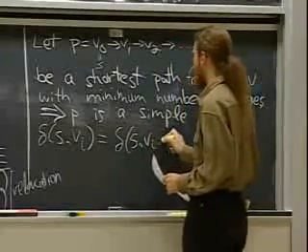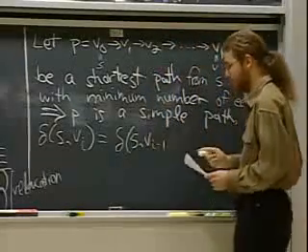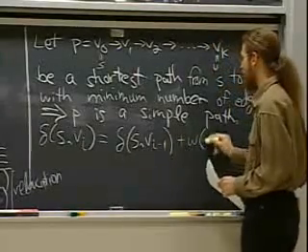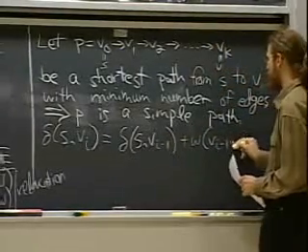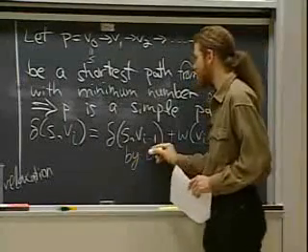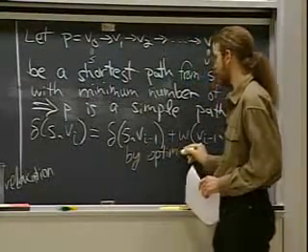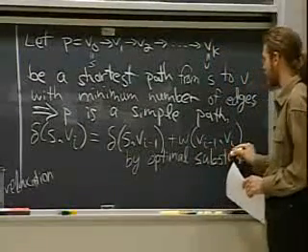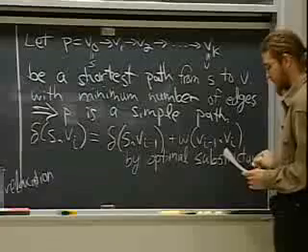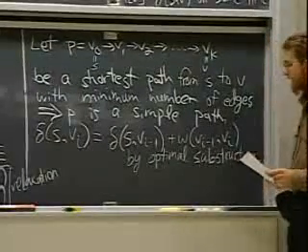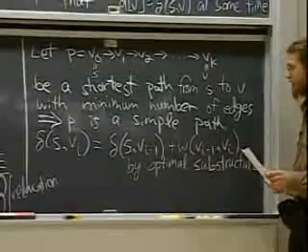It's the weight of the shortest path from s to vi minus 1, plus the weight of the last edge, vi minus 1 to vi. So this is by optimal substructure, which we proved last time. Okay, and I think that's pretty much the warm-up.